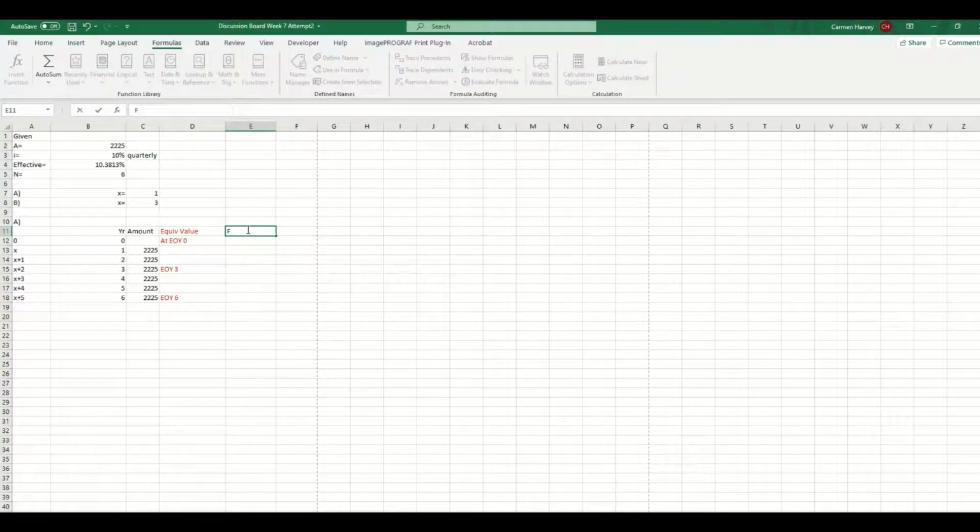So let's put the formula in here. For end of year 0, we know A and we're trying to find P. So that's P given A, and we want to know the value of that.